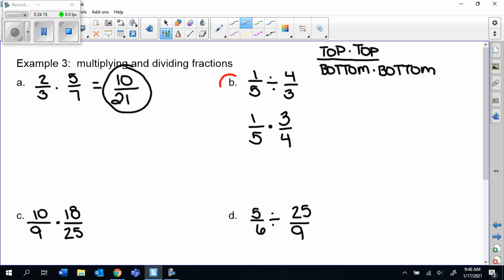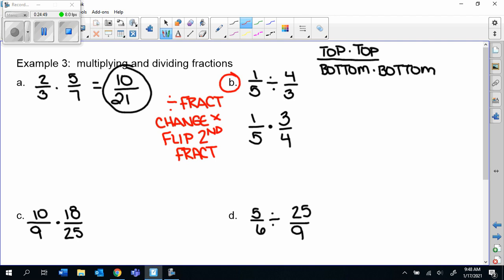So if you want to make a note of that, when you divide fractions, you change it to multiply, and you flip the second fraction. Flipping is not the most mathematical term. It's known as the reciprocal. So you flip or write down the reciprocal of the second fraction.